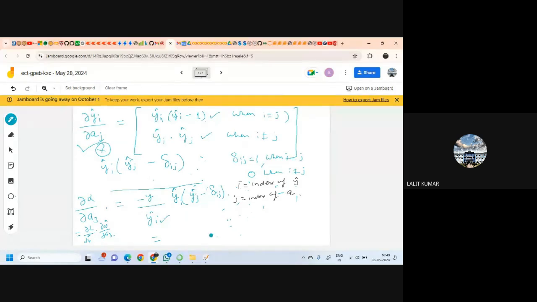from here this becomes y hat i, and the y hat i which is there gets cancelled. Now this value of y which is there, it can either be 0 or it can be 1. So if it is 0, then the entire term becomes 0.